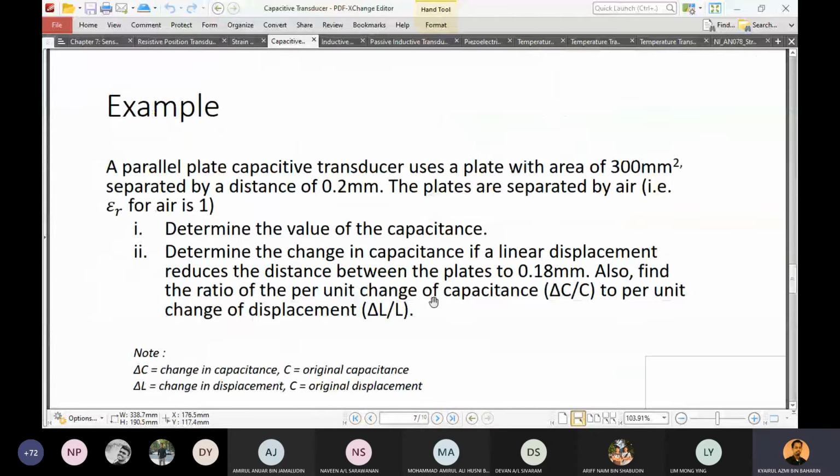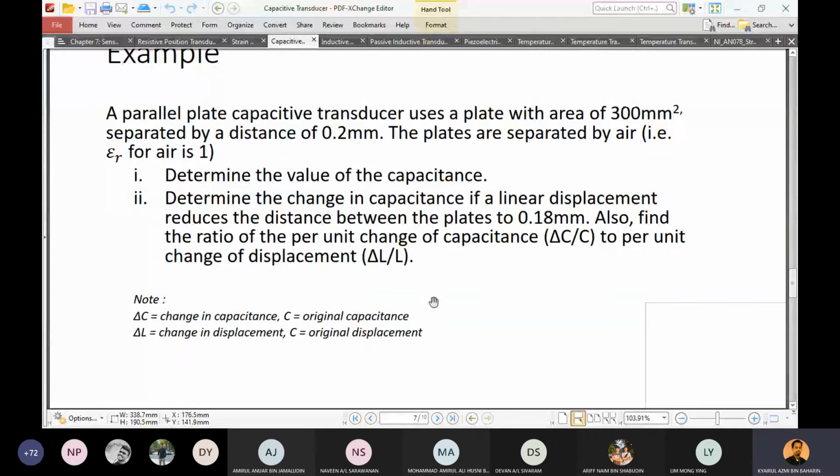Okay, let's look at the example. A parallel plate capacitive transducer uses a plate with an area of 300 mm squared, separated by a distance of 0.2 mm. The plates are separated by air, udara, jadi dia punya epsilon r equals 1.